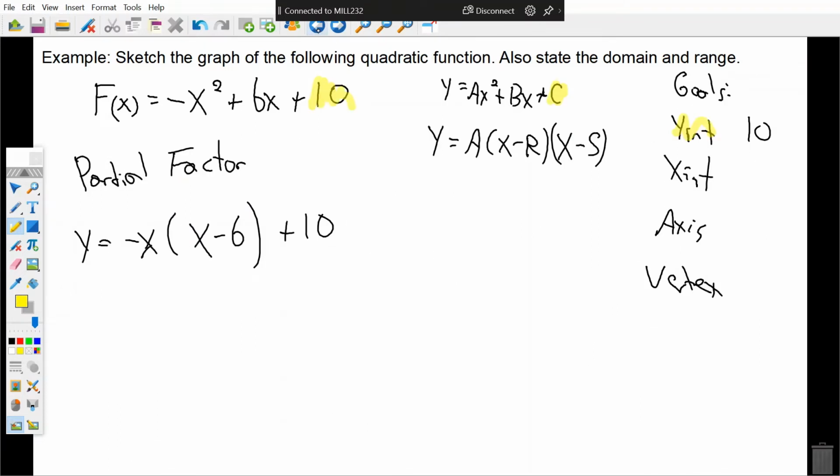So we're going to make y equal to 0, and we're going to solve for both of these two partially factored pieces. This one's not as nice as the last one when we could factor it sort of perfectly, but sometimes all you can do is a partial factor.